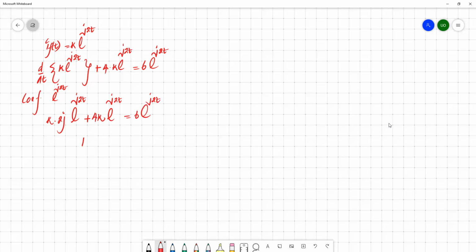K equals 6 divided by 4 plus 2j. Or if you simplify, this is 3 divided by 2 plus j. So this is your k value.